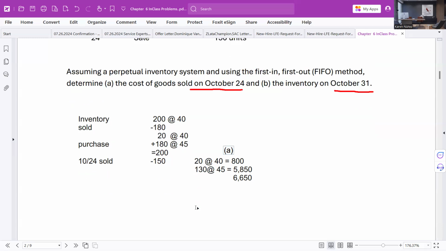And what's our ending inventory? B. What does the ending inventory equal? Well, right here, we had 200 and we sold 150.